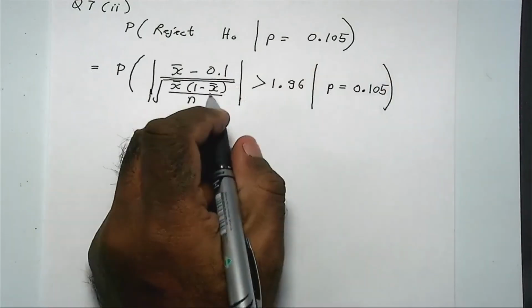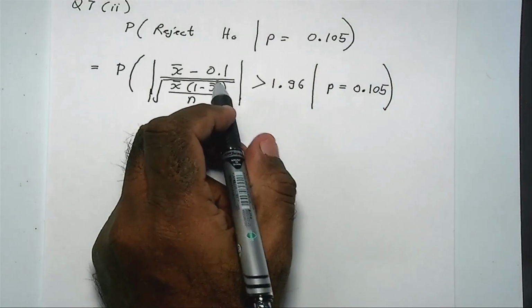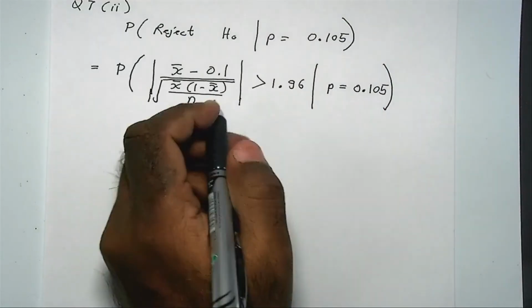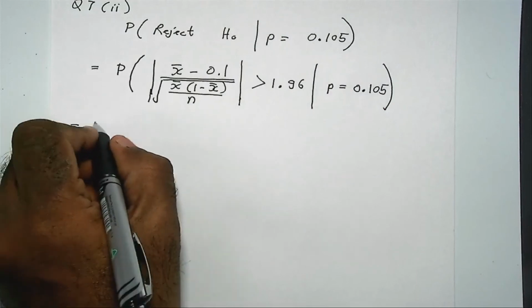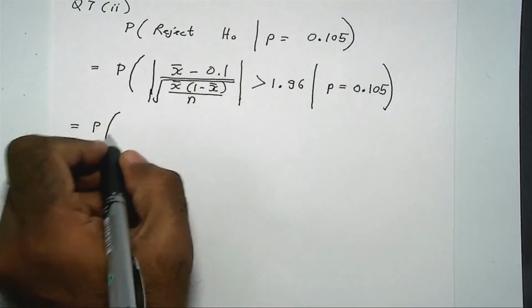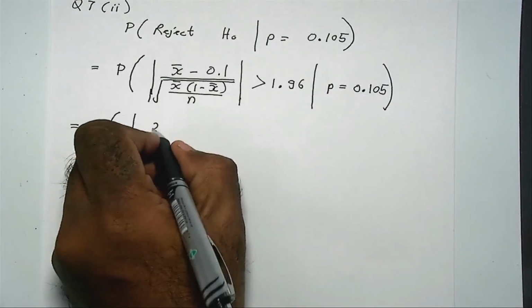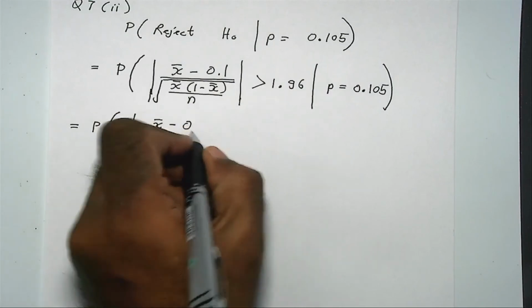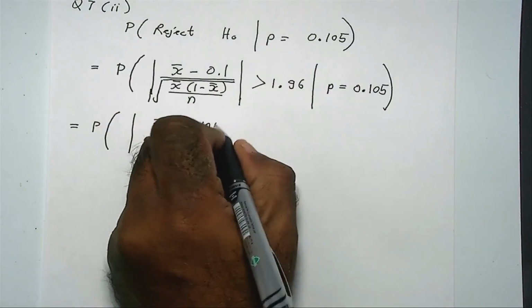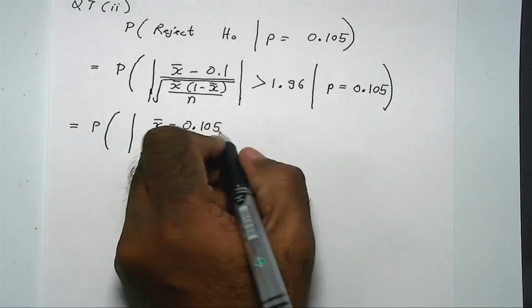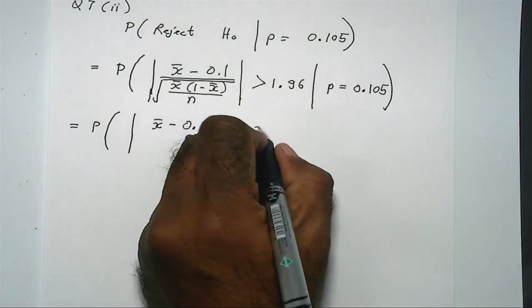Alright, the first thing to do is to change this to 0.105, okay? Alright, so now we need to add something, which is going to be 0.05.